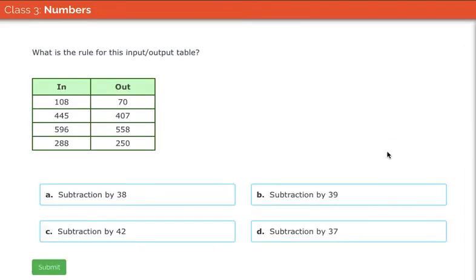What is the rule for this input-output table? Input means the numbers and the output means the new numbers. So let's find out.